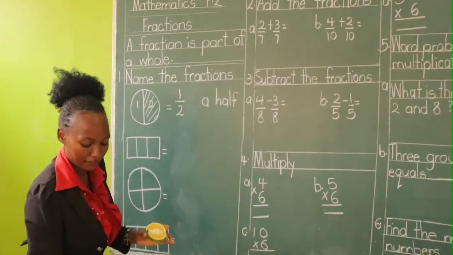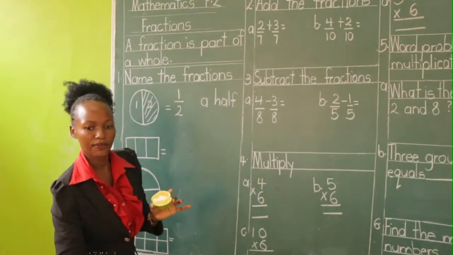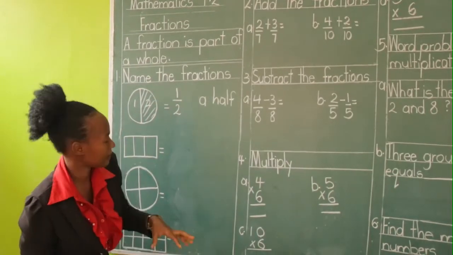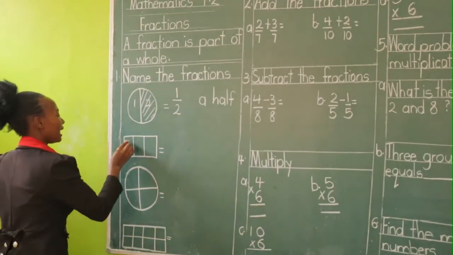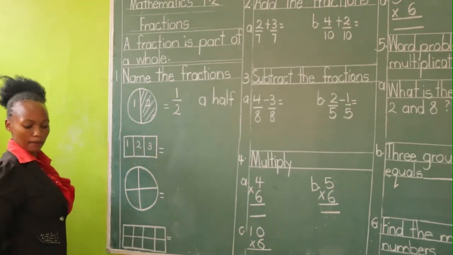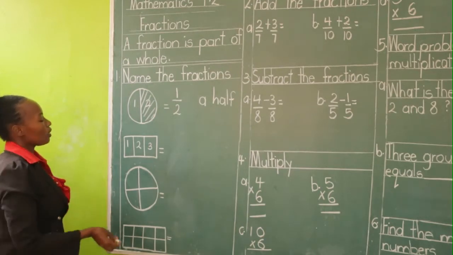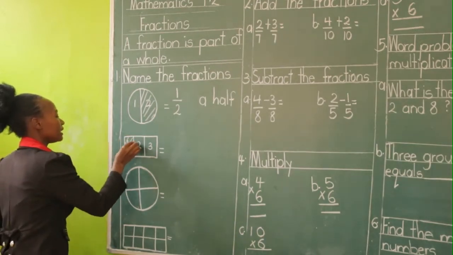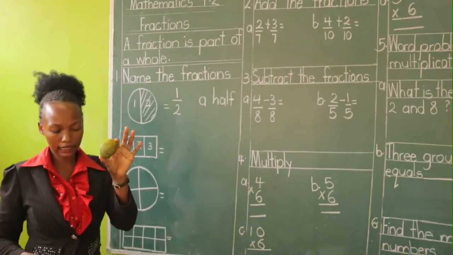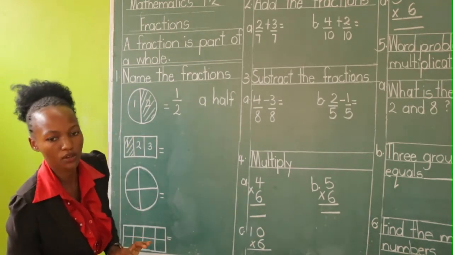Now here I have three parts. 1, 2, 3. These are my three parts. When I shade one, I get 1 out of 3.